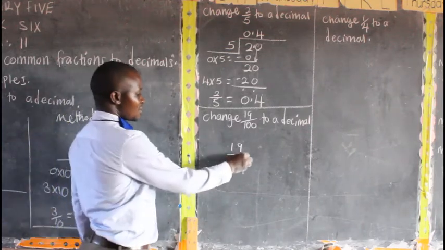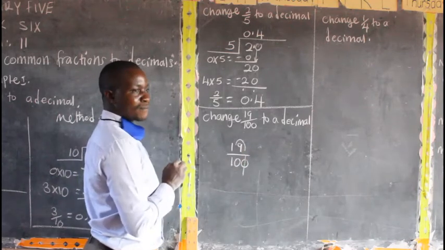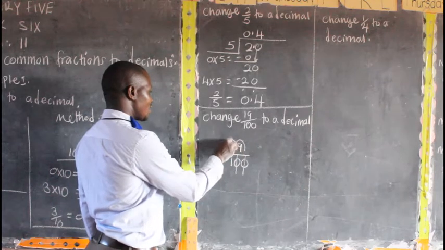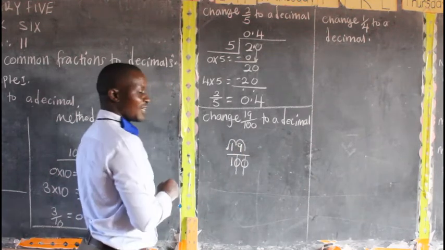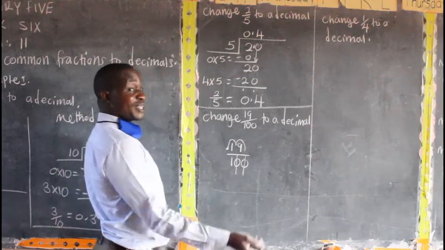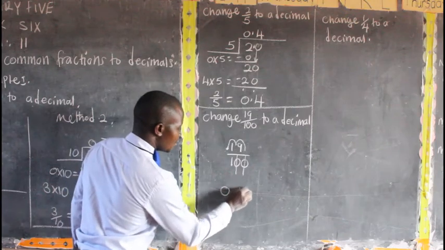So when you close this 0 here, it moves from here to there. Again, I close another 0, it moves. So now the decimal point is here. But since it is here, I cannot say .19. No, I begin with a 0. So it says 0.19.